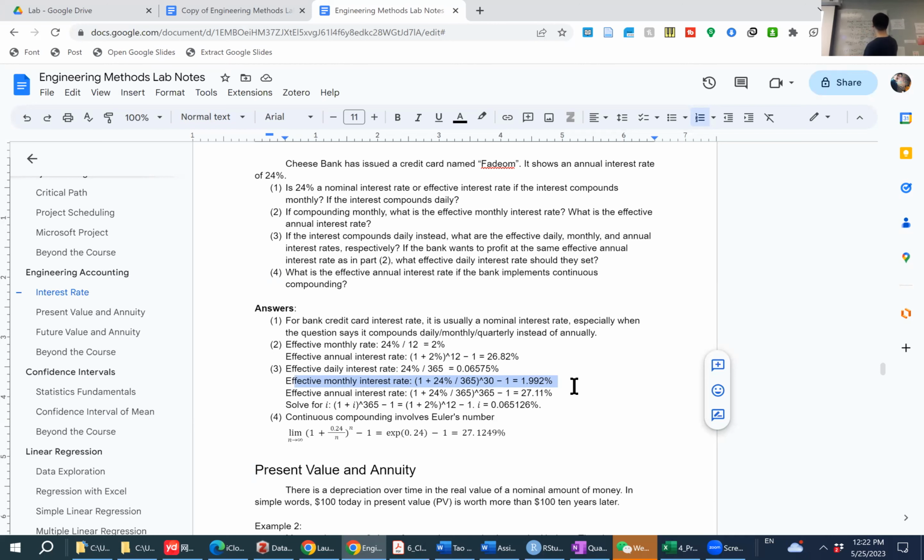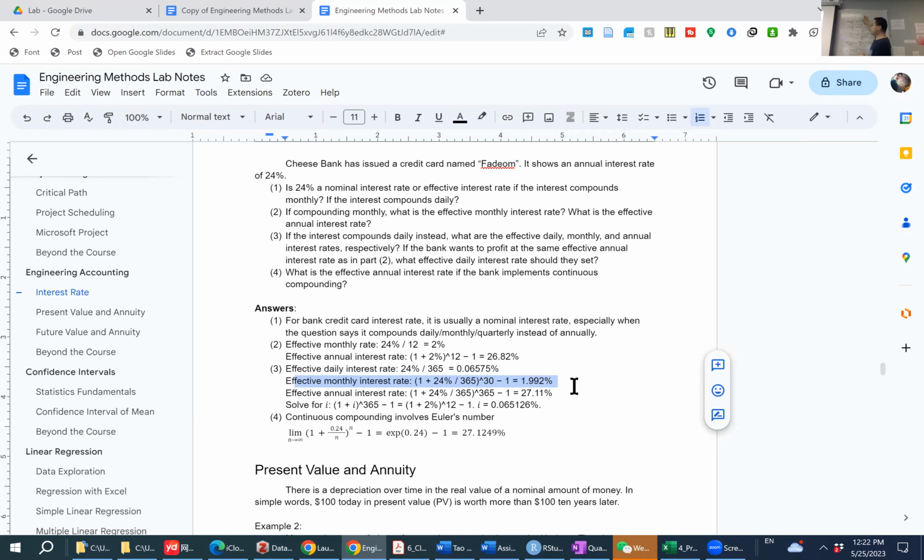As you can see here, it's 0.066%, and the quantity that would equalize the effective annual rate between the monthly compounding and daily compounding would be this.